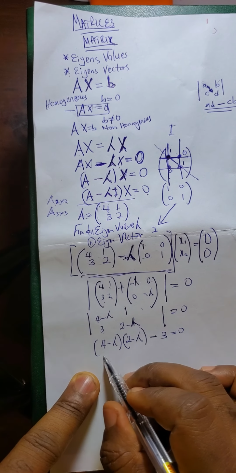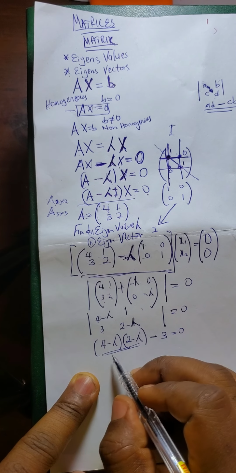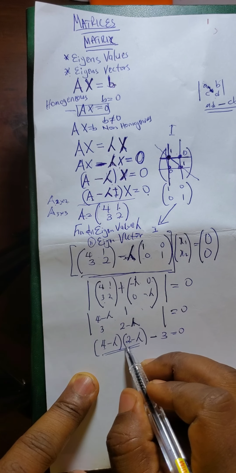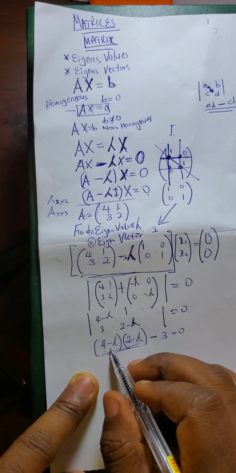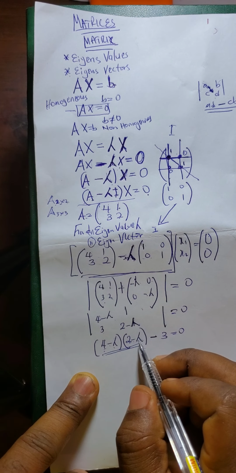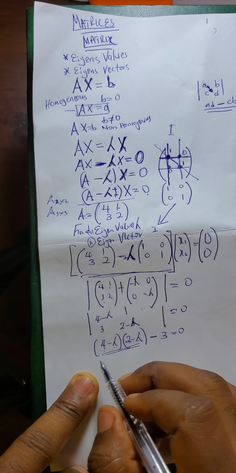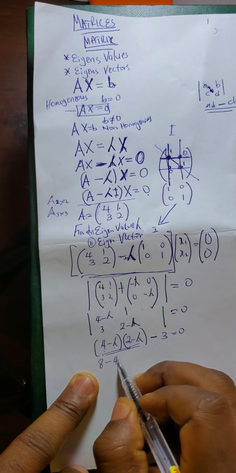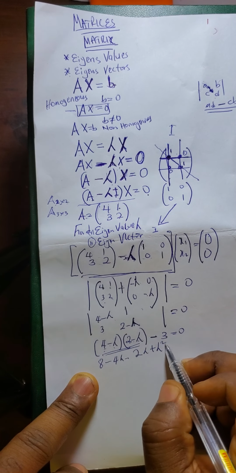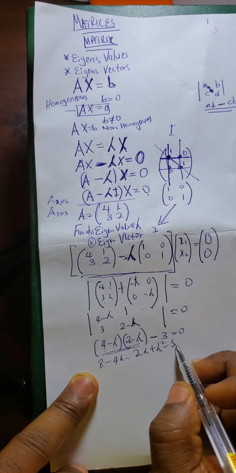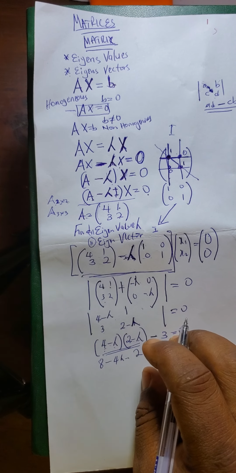Now, when we open this bracket, we use 4 to multiply 2, we use 4 to multiply minus lambda, we use minus lambda to multiply 2, and we use minus lambda to multiply minus lambda. So we are going to have 8 minus 4 lambda minus 2 lambda plus lambda square minus 3 is equal to 0.